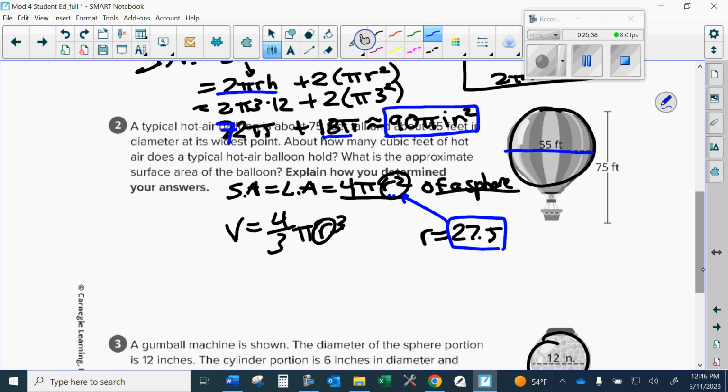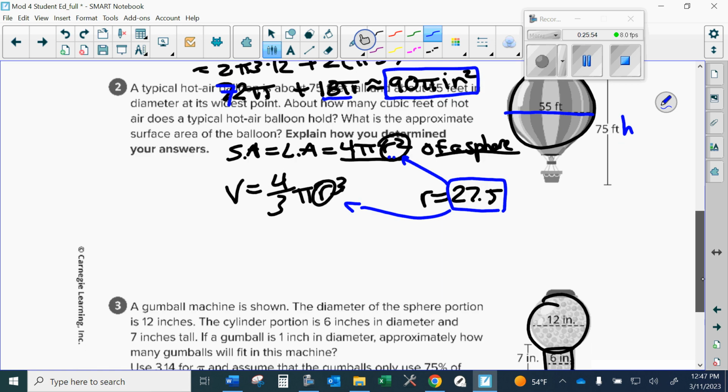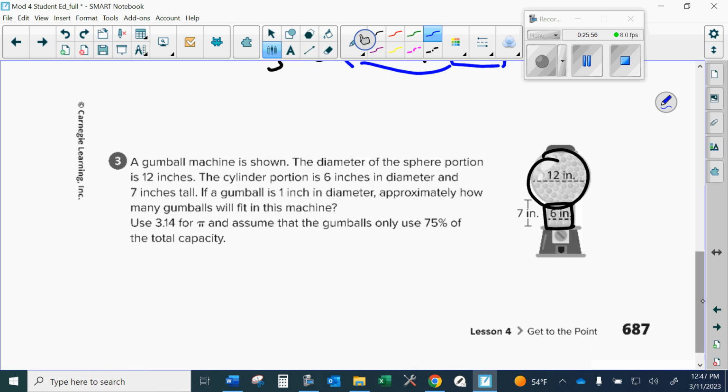Okay, volume, again, right there. This is the height. We're not using that at all. That's just an extra piece given there. Now, if it's a gumball machine, we have a sphere plus that right there, two different shapes. You just add them up, calculate them separately.